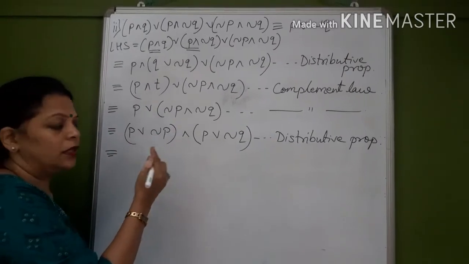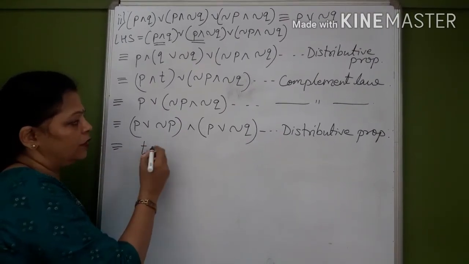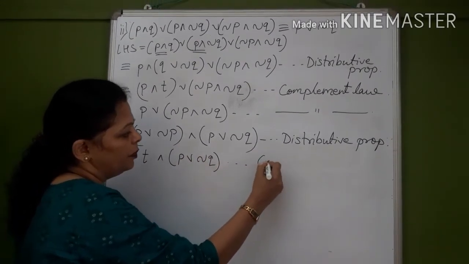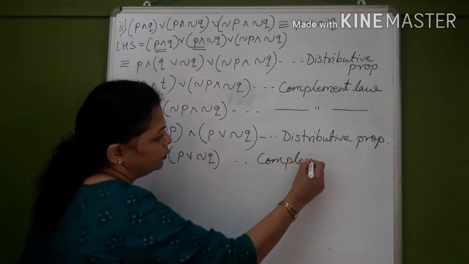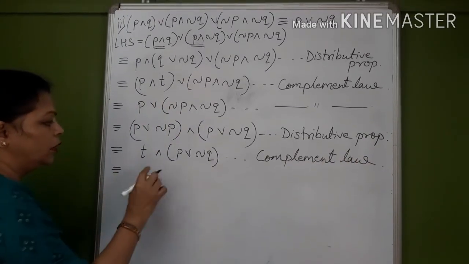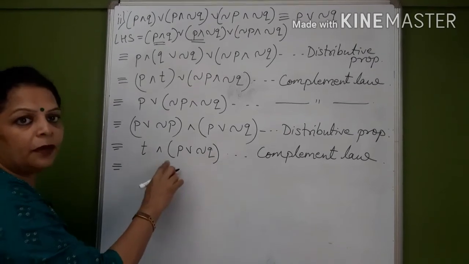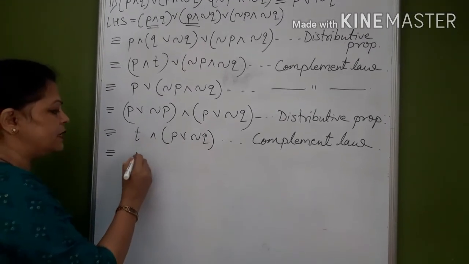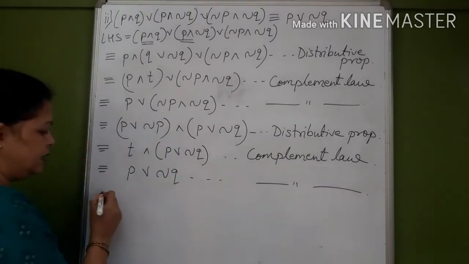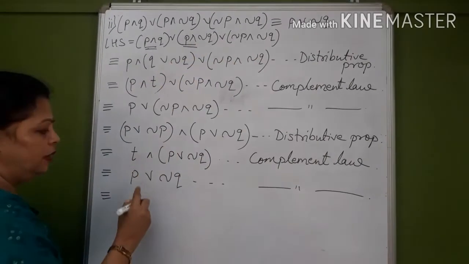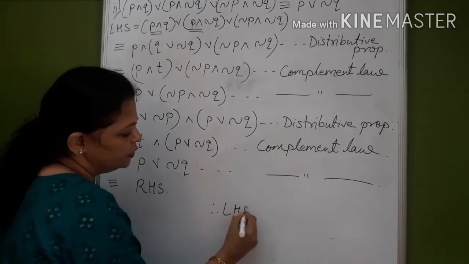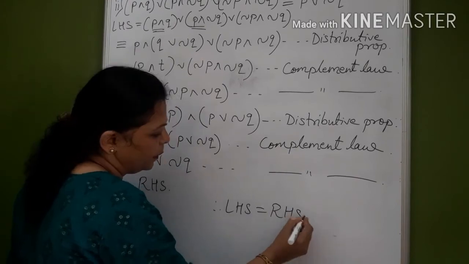P or negation P is true, that is tautology, and P or negation Q. Complement law. Now simplify this. T and P will be P. So over here you get P or negation Q. Same, complement law. And this is nothing but your RHS, P or negation Q. So we got LHS is equal to RHS. Hence proved.